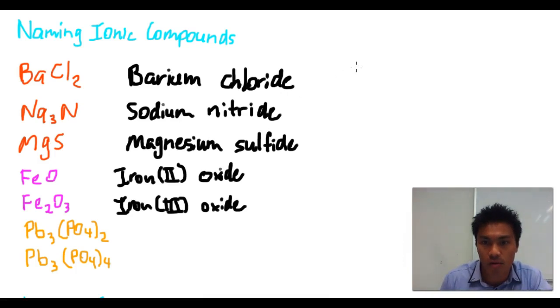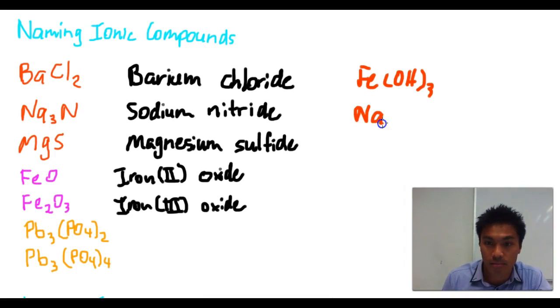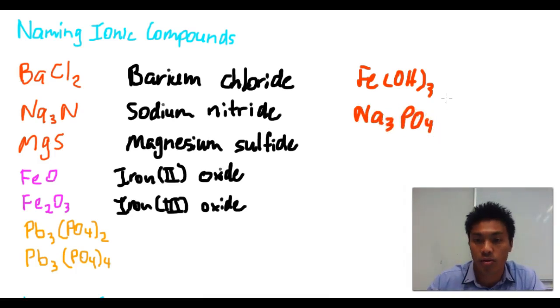so for example, let's say iron(III) hydroxide, and let's say sodium phosphate. Why don't we put the brackets around the phosphate, but we do around the hydroxide?